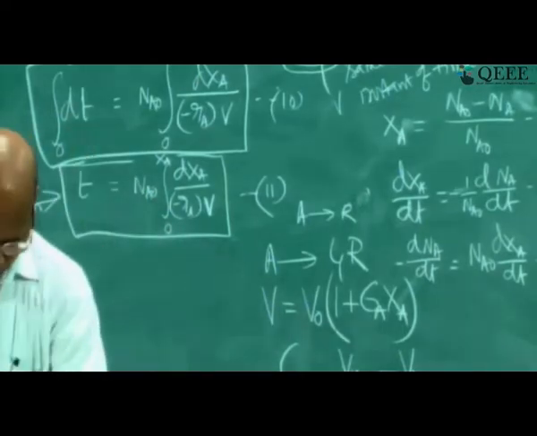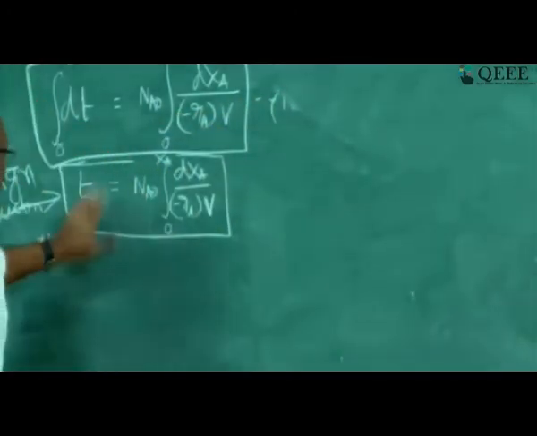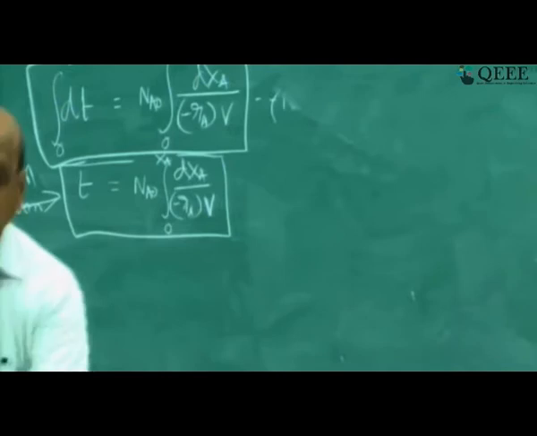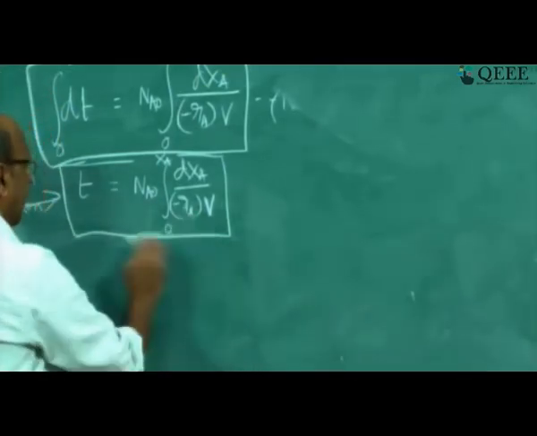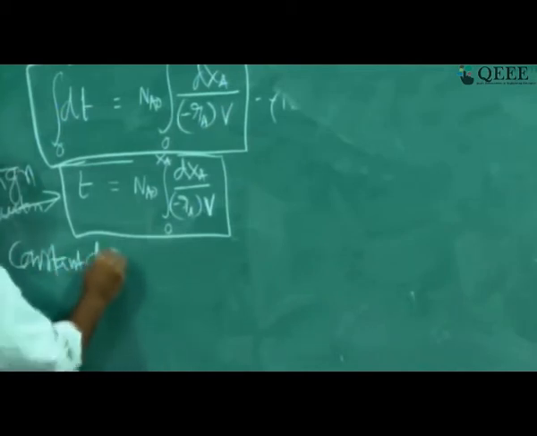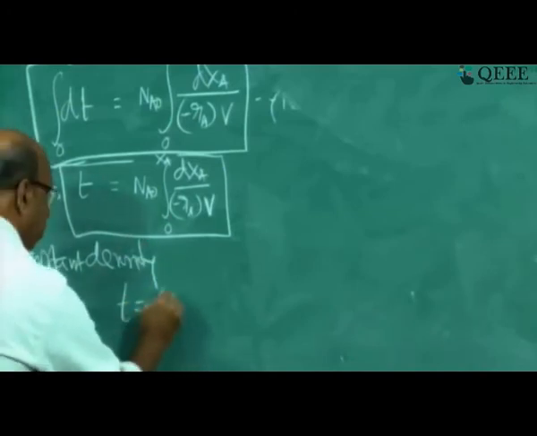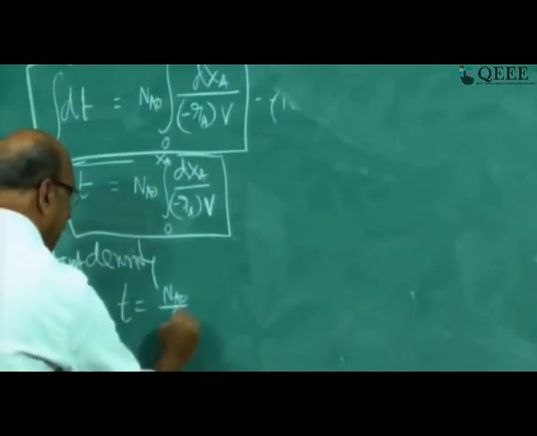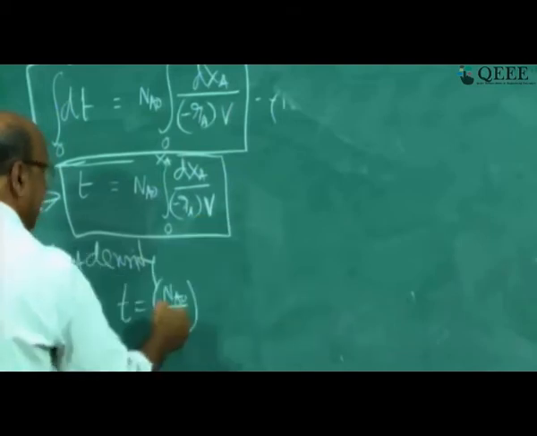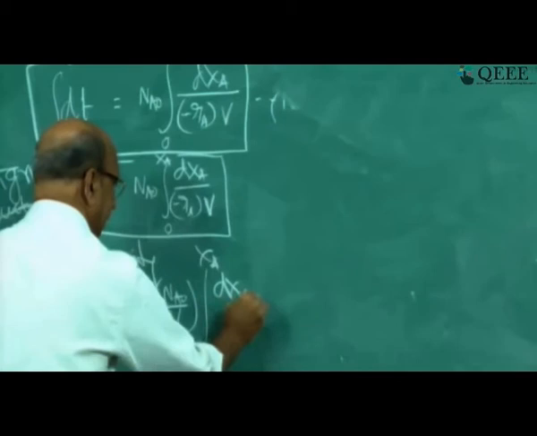Now we also have to do something else here, that is, can we represent this in the form of a graph? Because most of the time this should actually be integrable. For constant density, t equals Na naught by V, which can be taken outside, integral 0 to Xa dXa by minus Ra.